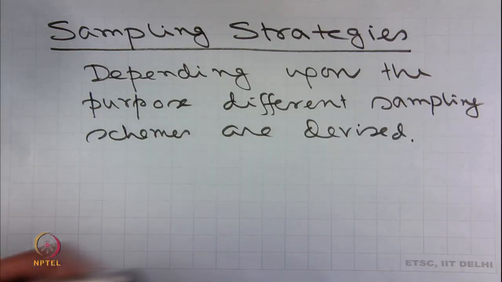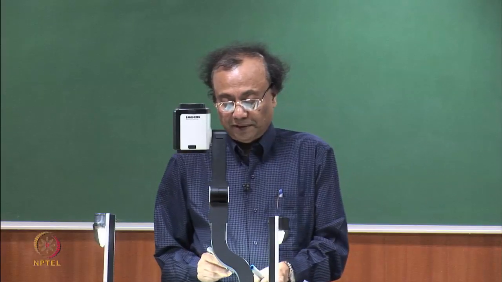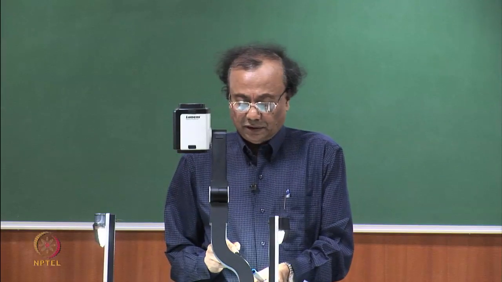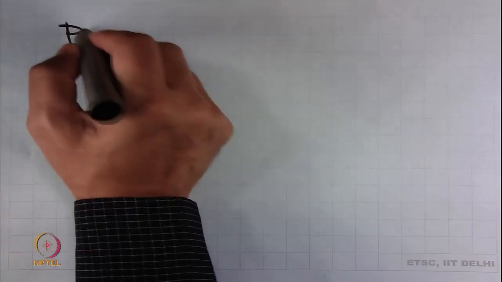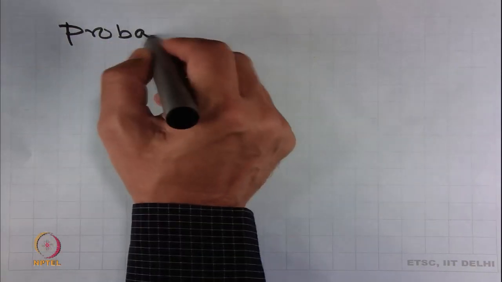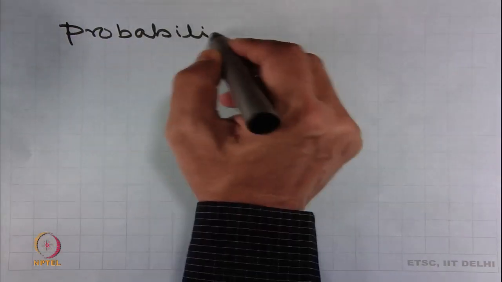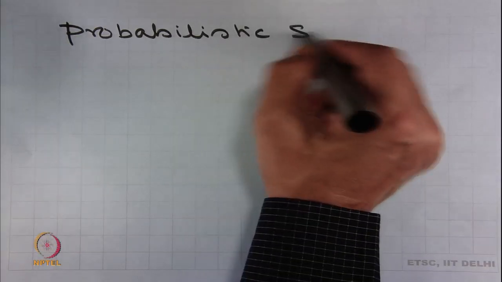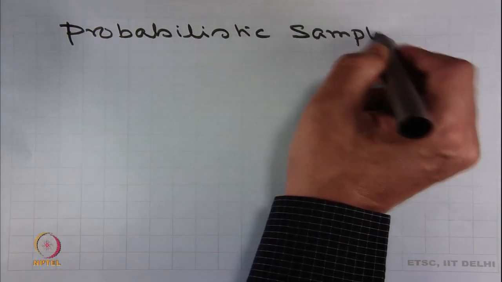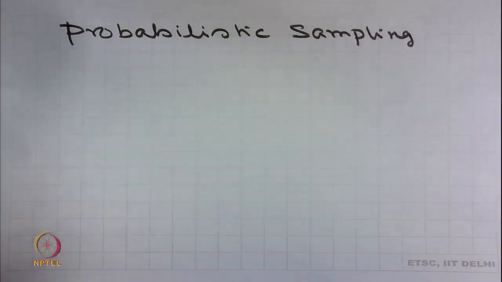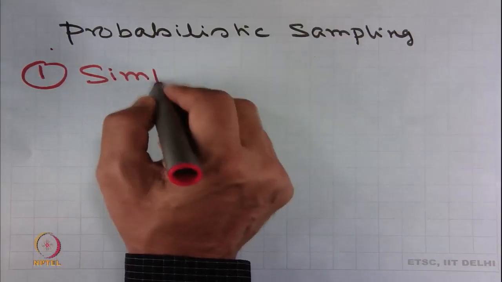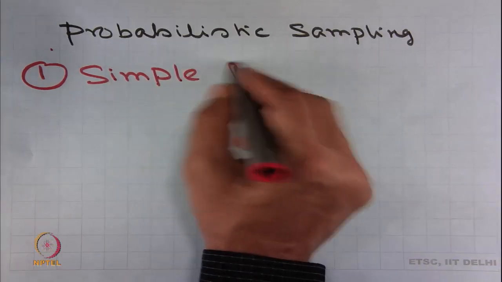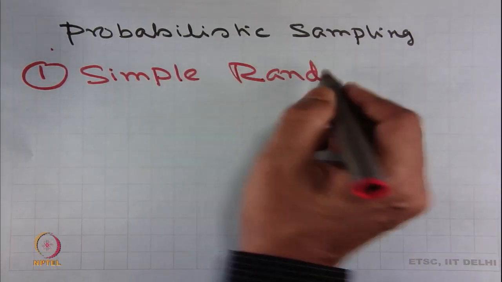First of all, it can be probabilistic or non-probabilistic. Let us focus on probabilistic sampling. The simplest form is simple random sampling.